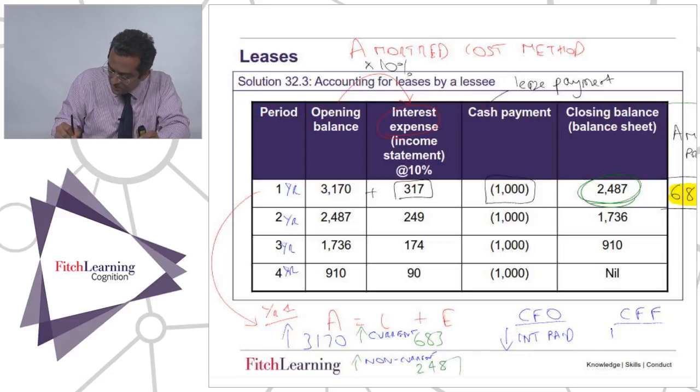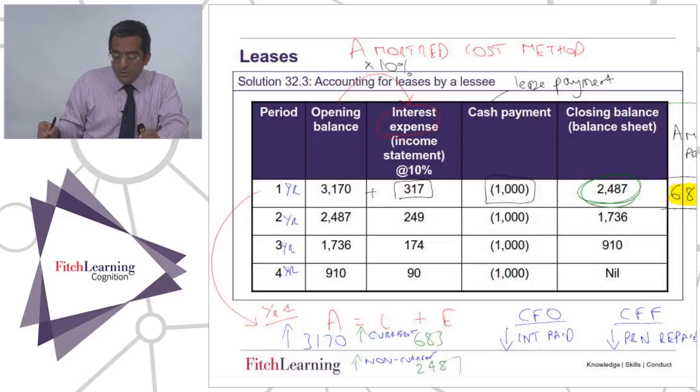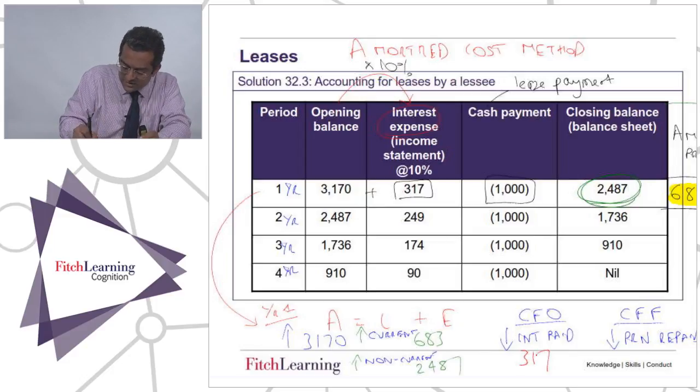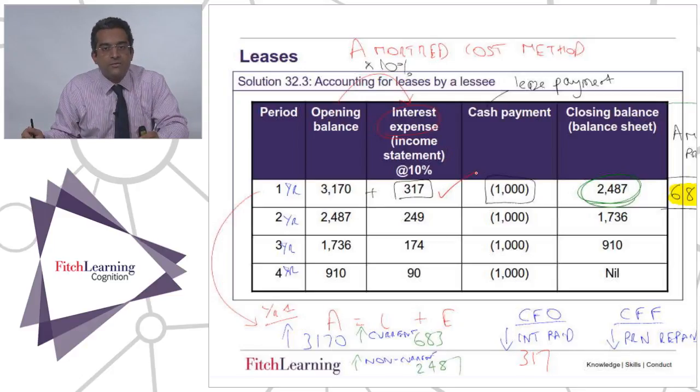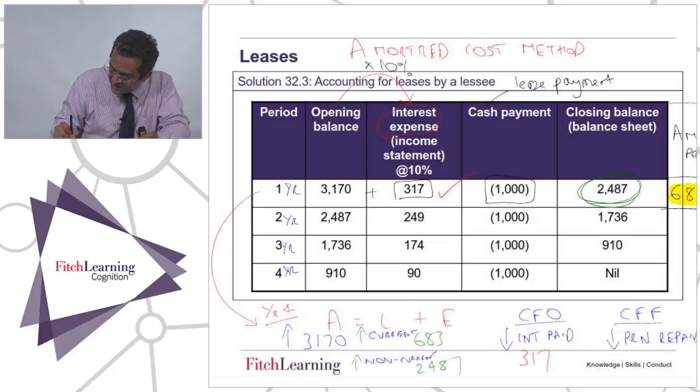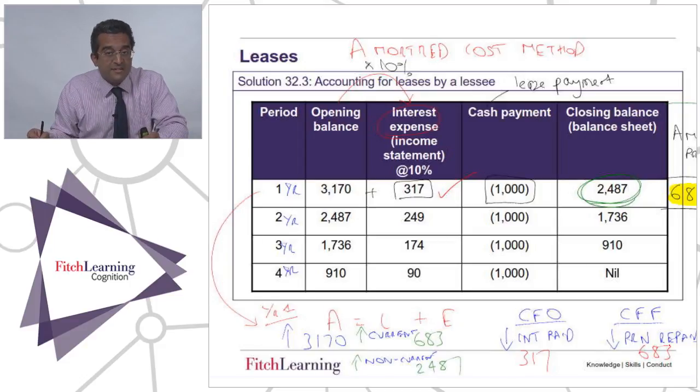Whereas principal repaid, if you like, is going out of financing. So for year one, we can see that 317 is the interest that goes out of CFO. We can see that 683 is going to be your principal repaid, that's CFF.